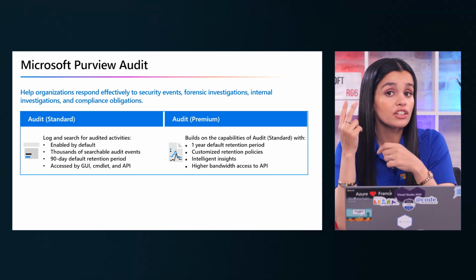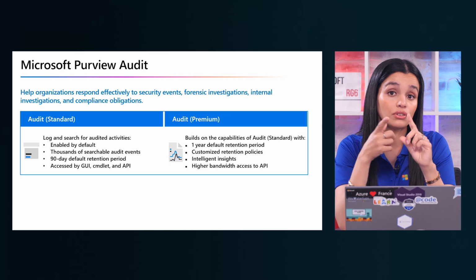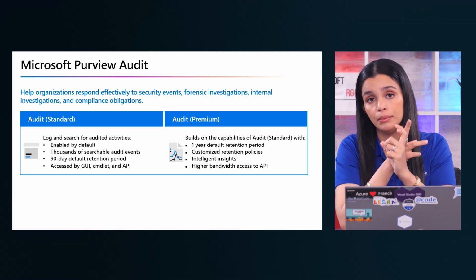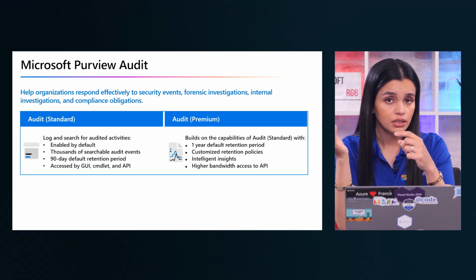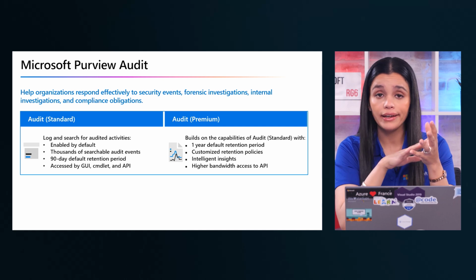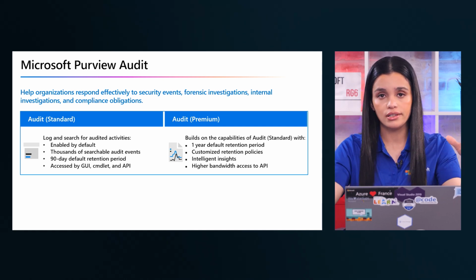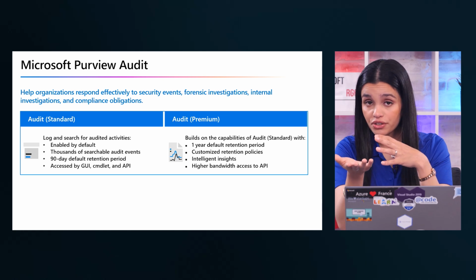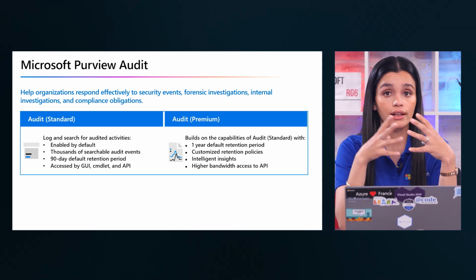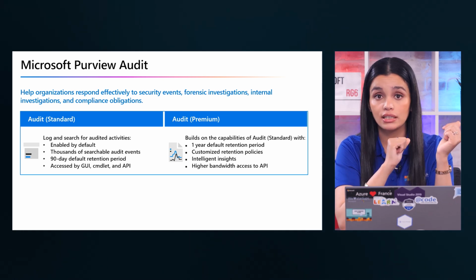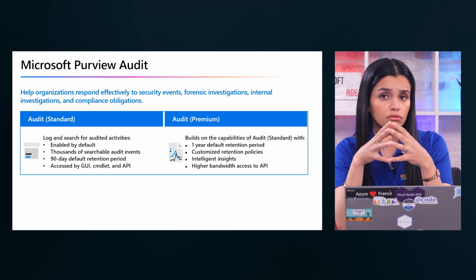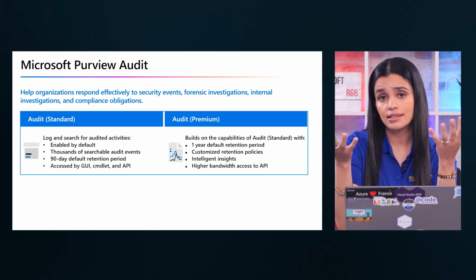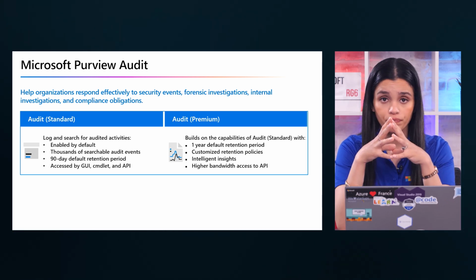Microsoft Purview provides two auditing solutions, Audit Standard and Audit Premium. The first one, Audit Standard, is turned on by default for all organizations with the appropriate subscription, and it provides you with the ability to log and search for audited activities to power your forensic, IT, compliance, and legal investigations.